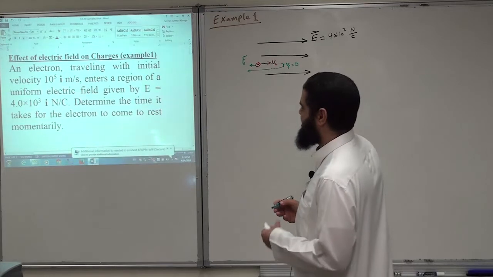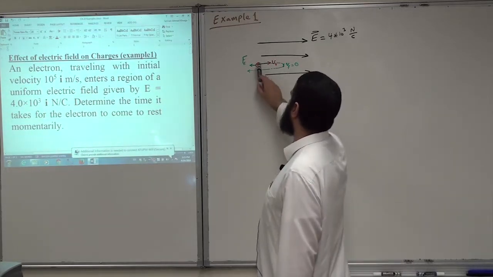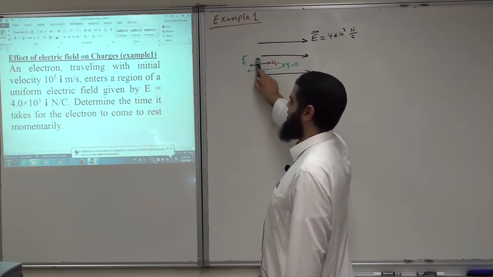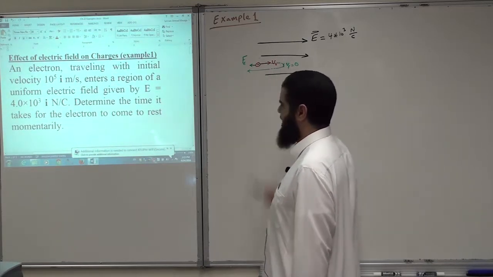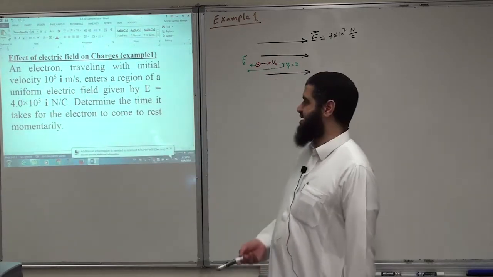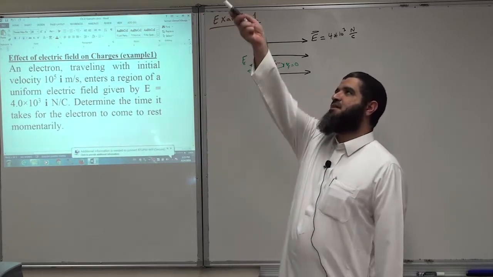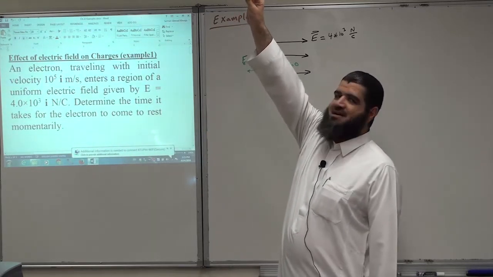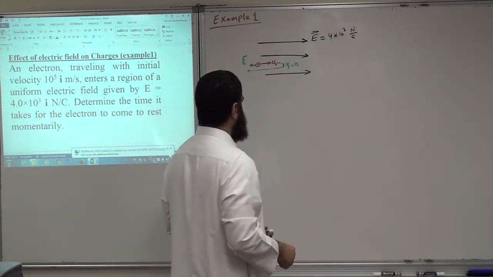He's asking what is the time needed for the electron to go from this initial velocity, 100,000, to that final velocity, which is 0. It is momentary because it will stop for a short time, then reverse direction. Similar to an object that reaches a maximum height, then reverses its direction of motion.